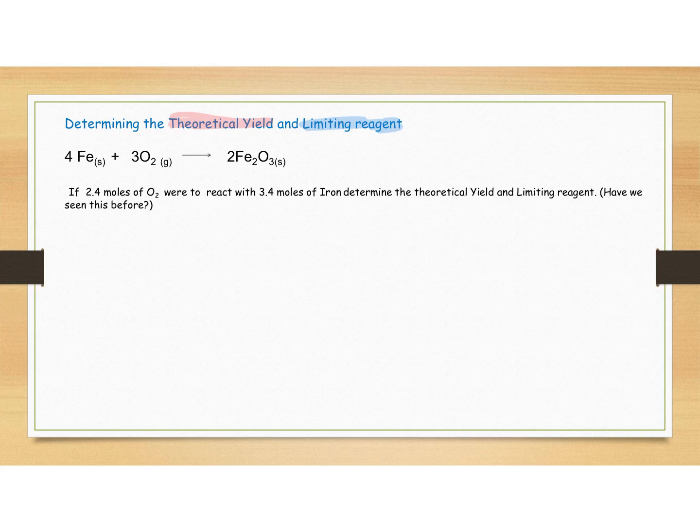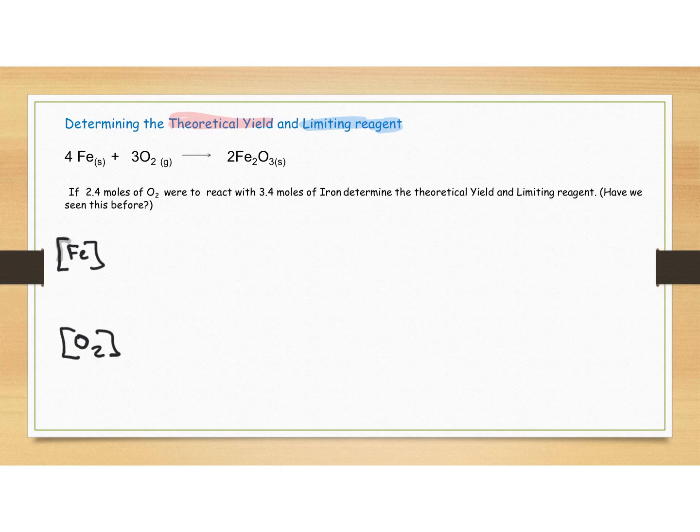So what I tell my students first is look at your reagents. I have two reagents. I have iron and I have oxygen. So when I set up these problems, what I do is I will put little brackets out here to signify my iron and my oxygen. How does that help me out?